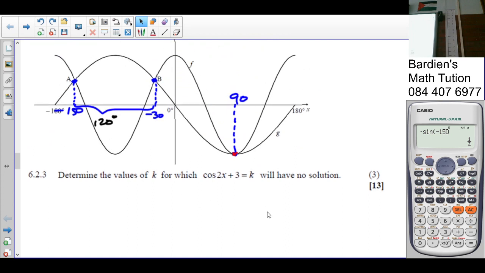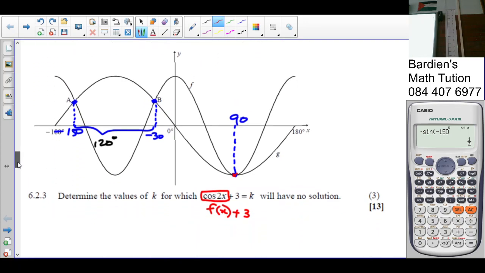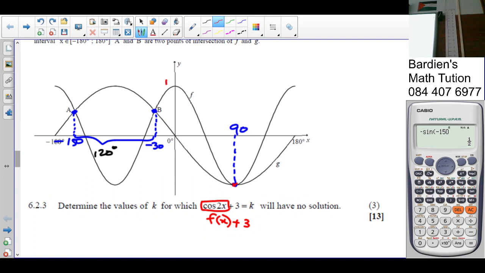The question says, determine the value of k for which the equation will have no solutions. So if you look at this graph here, what I notice is that this is the graph of f of x. In other words, the f of x graph is moving 3 units up. So if this graph moves 3 units up, currently there's a 1 here.